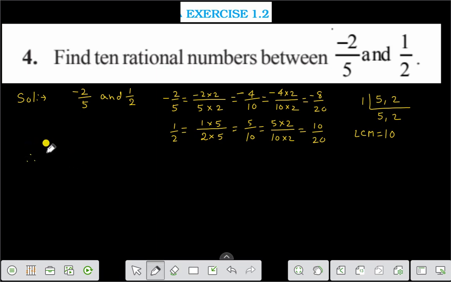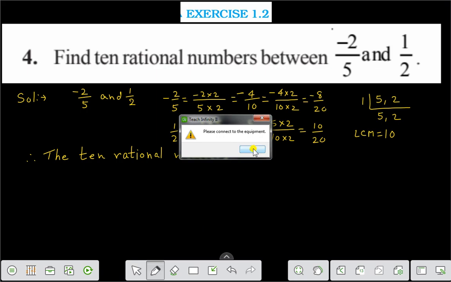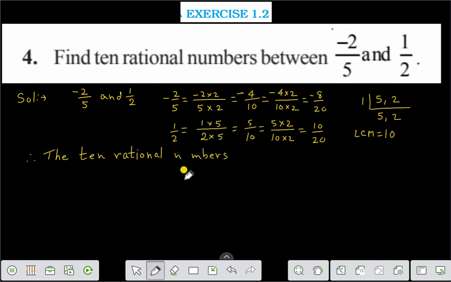Therefore, the 10 rational numbers between minus 2 by 5 and 1 by 2 are between these two rational numbers, that is minus 8 by 20 and 10 by 20.